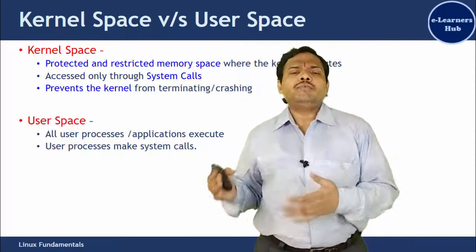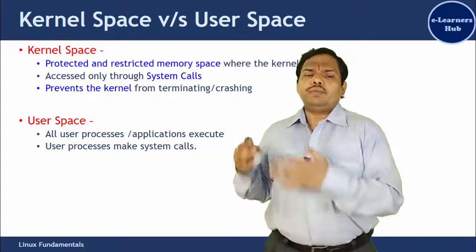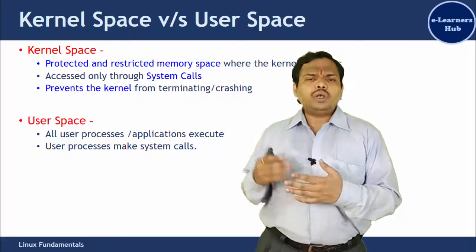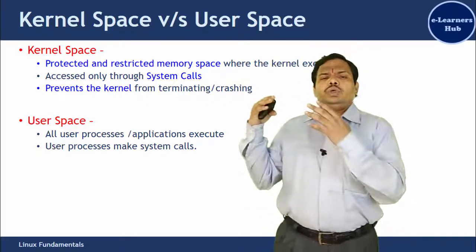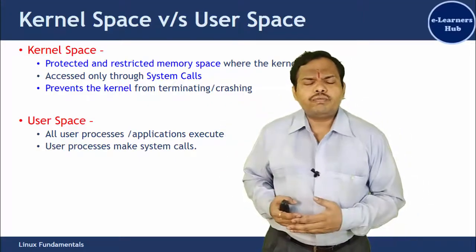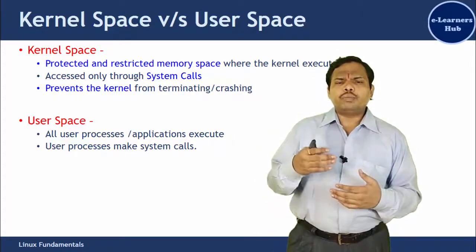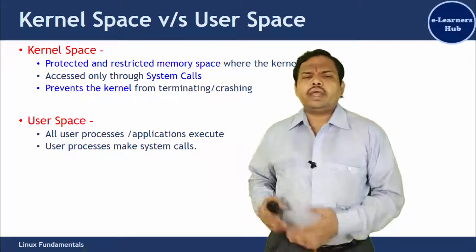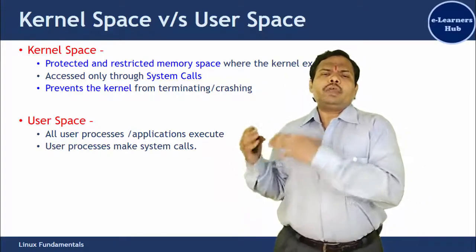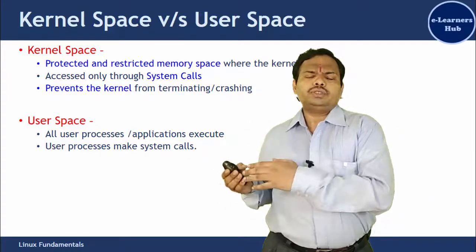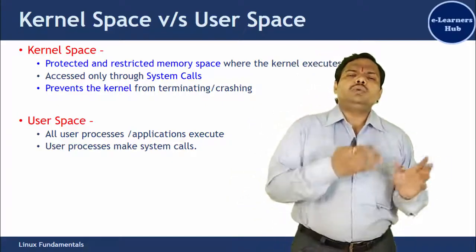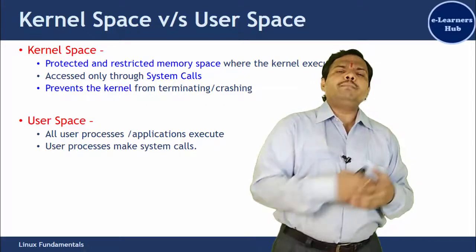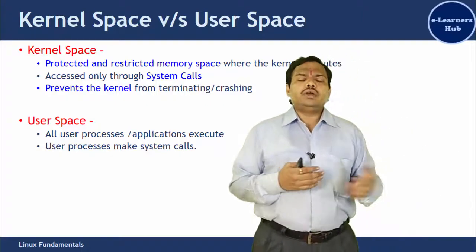As I said, if you want to open a Microsoft Word document, you run Microsoft Word, the Microsoft Word process will execute in the user space, and from the user space the process will make a system call, and the system call will execute some instructions in the kernel space.